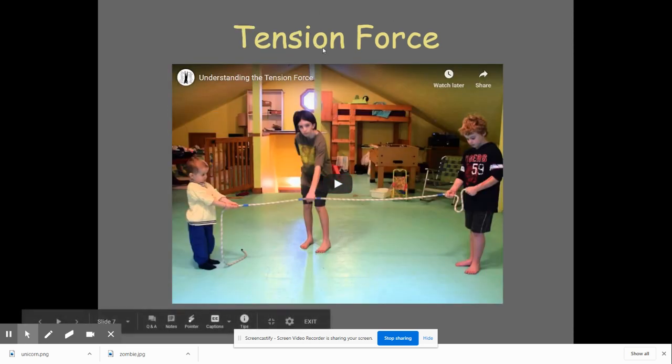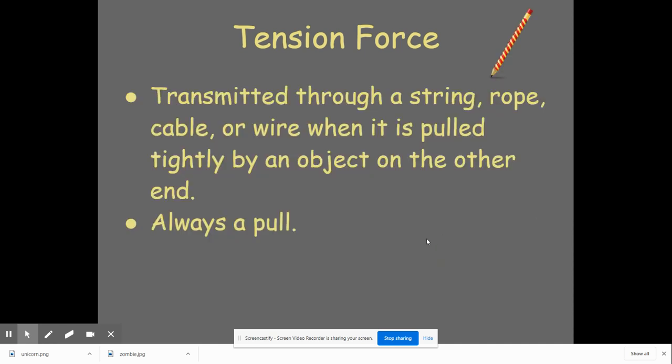The next force is called a tension force. And again, here's a little video clip that you can watch. And you notice that we've got some kids here and they're holding a rope. Well, when you hold a rope or a cable or something like that, you can pull on it, right? And when you pull on it, that's a force called a tension force. It's just a special kind of force.